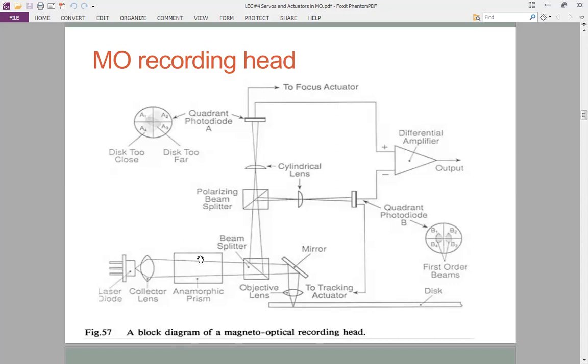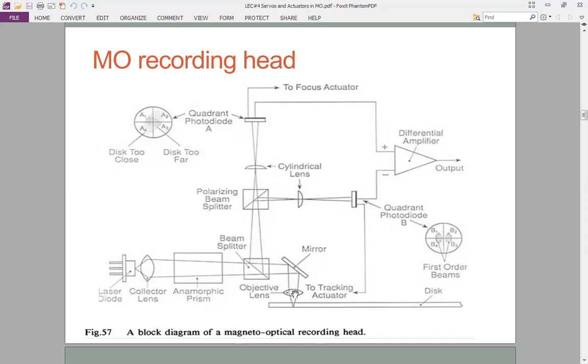We have anamorphic prisms, which we have already discussed. Then of course we have an objective lens, which is reflected towards the optical disc. The optical disc you can see down here. But what is important here is that we have an objective lens just near the optical disc.